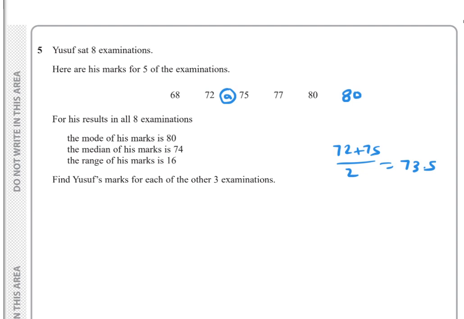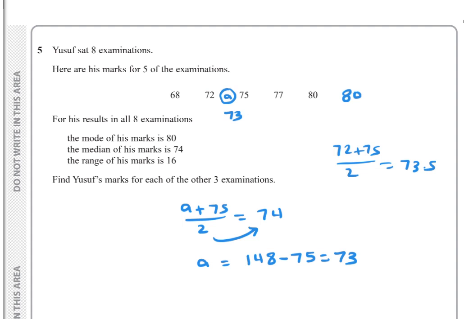Now A plus 75 divided by 2 equals the median, which is 74. So we can find A: 2 times 74, which is 148, minus 75 equals 73. So this value is 73.